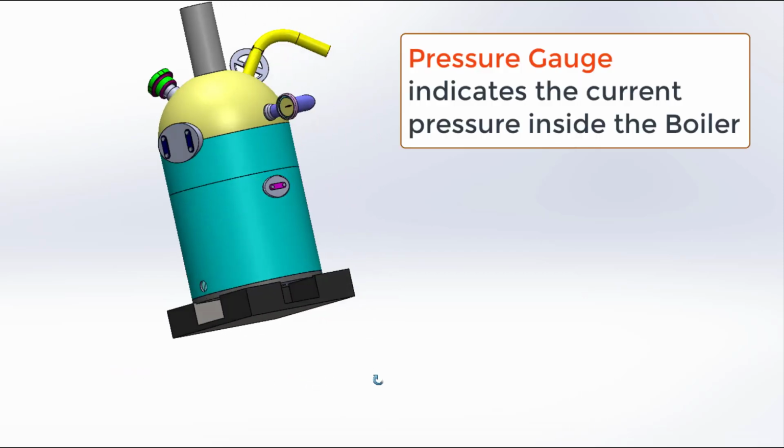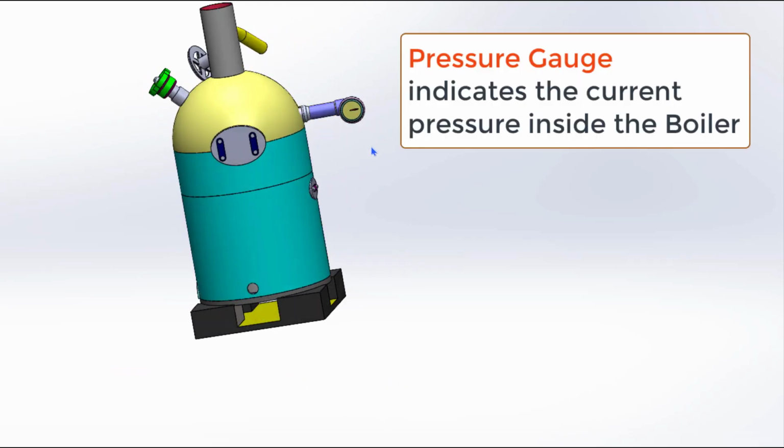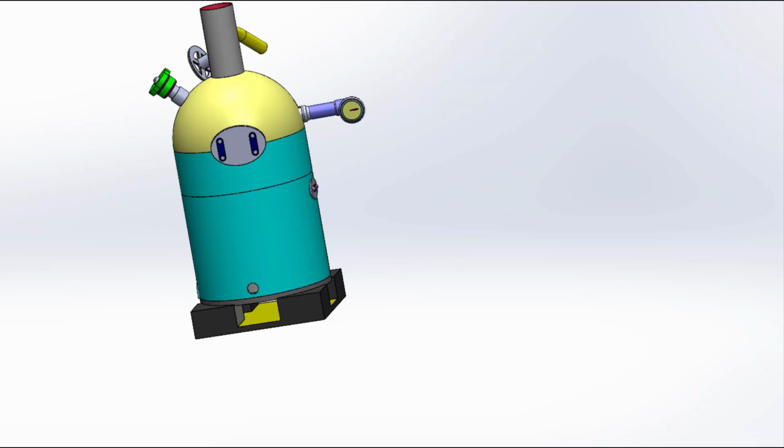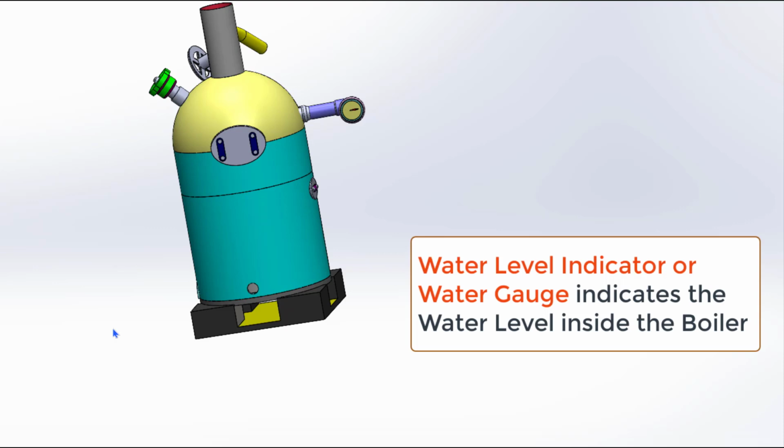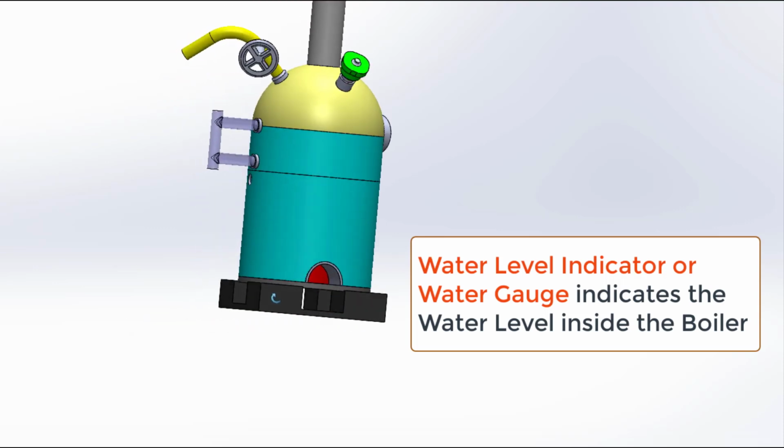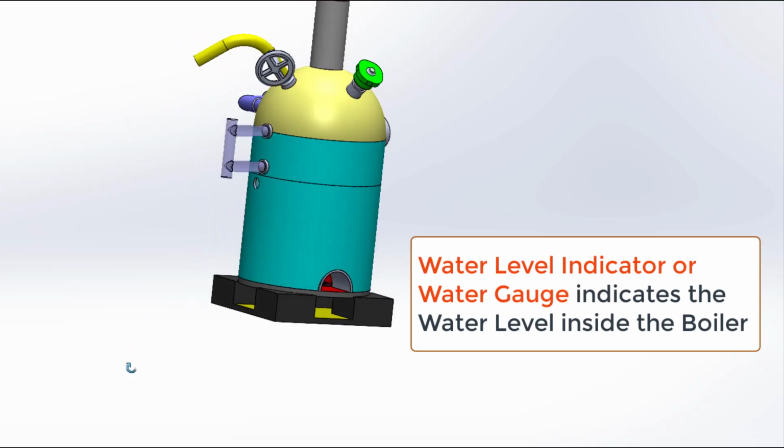There is another safety arrangement, called the pressure gauge. It indicates the pressure inside the boiler. So the operator of the boiler can read the pressure gauge and accordingly take a decision. If the water level decreases, that is very bad, and therefore there is a water level indicator.